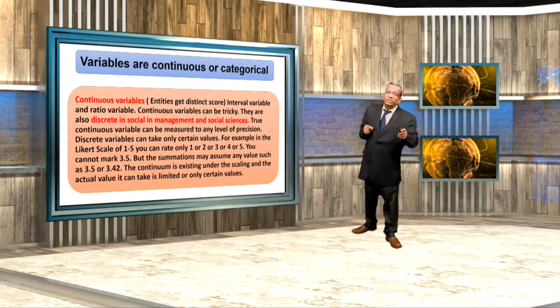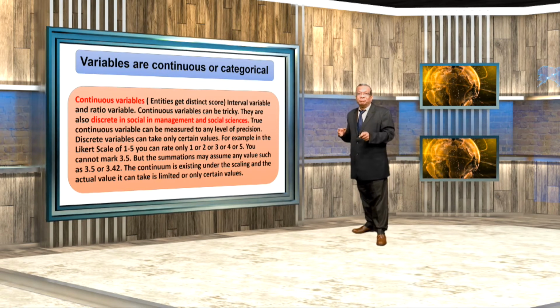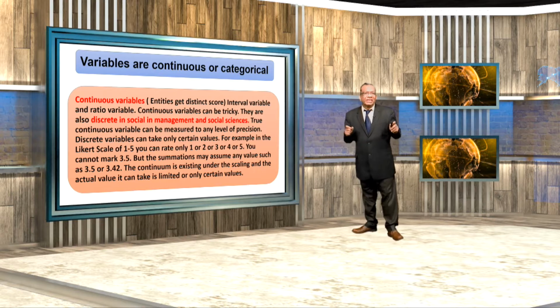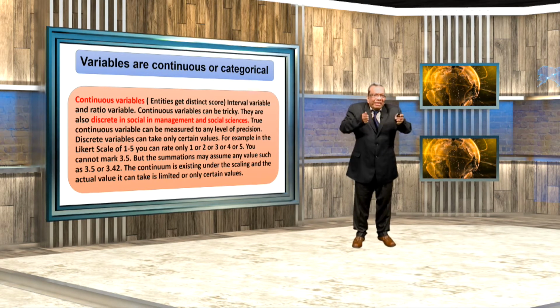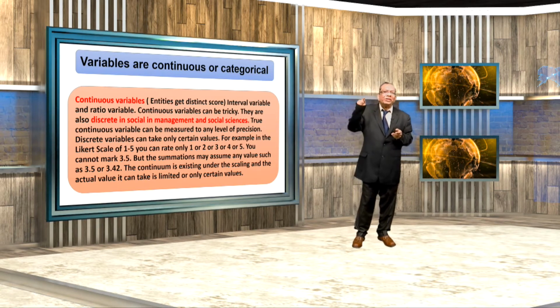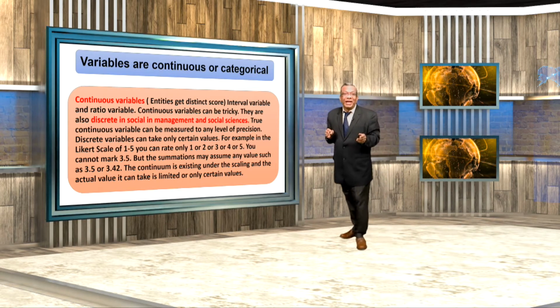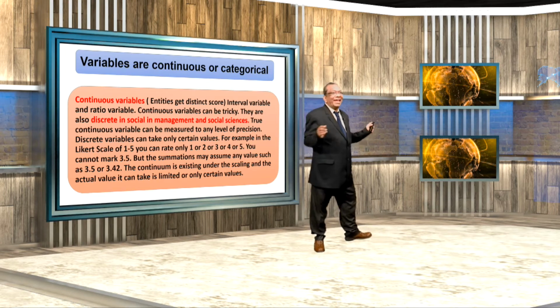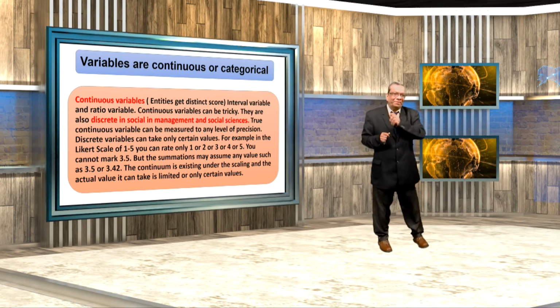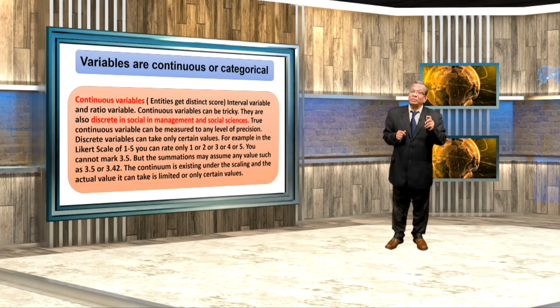But the summations may assume any value such as 3.5 or 3.42. The continuum exists under the scaling, and the actual value it can take is limited only to certain values. That is the reason why I have told you in social sciences it is a little tricky. Anyhow, remember this.